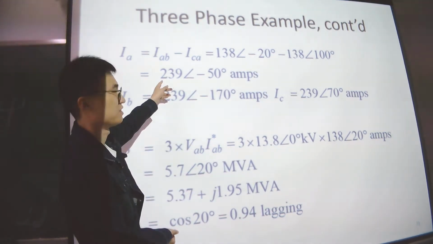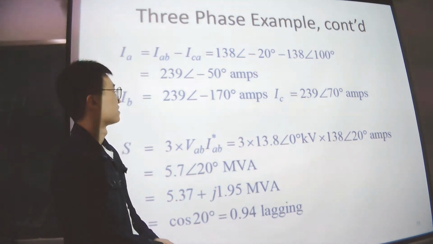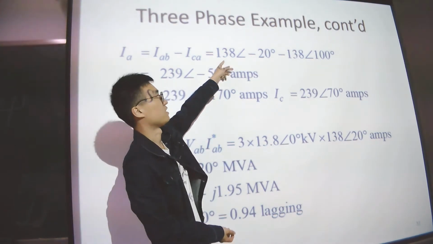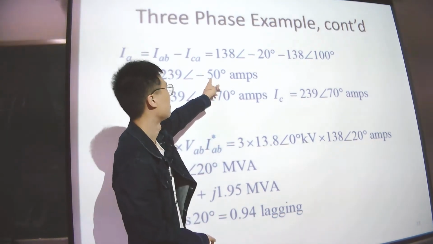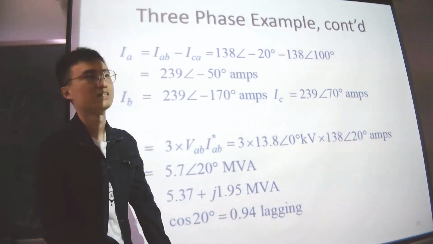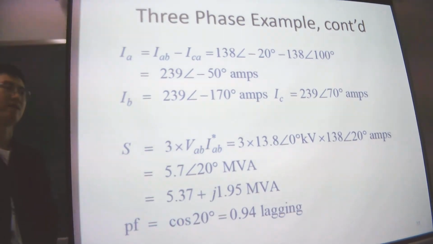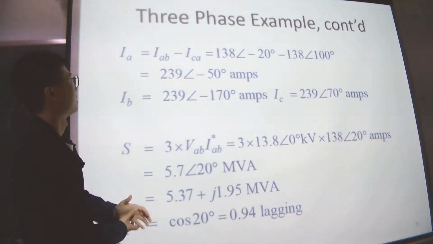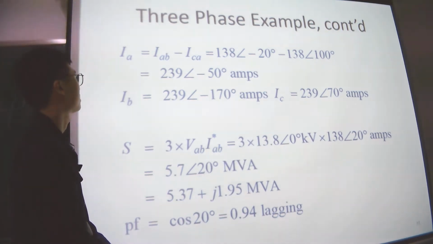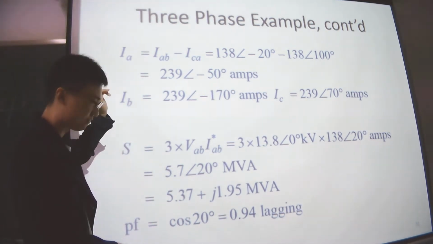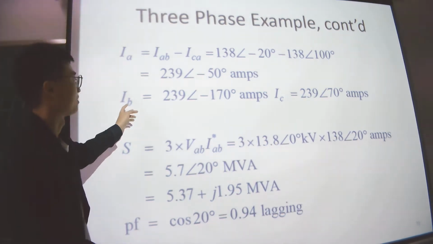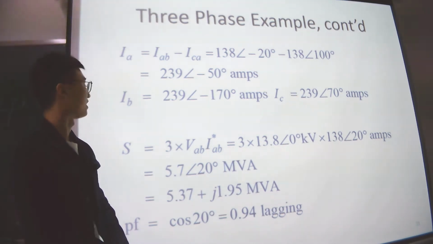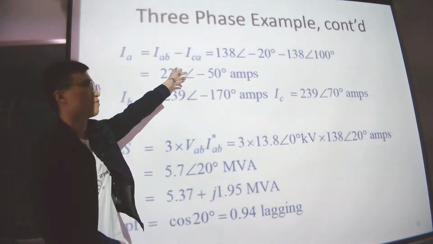Or you can just use the square root of 3, multiply it with this amplitude, and then 30 degrees negative, right? And also you get the current. You get the line current of A, or you get the phase current of A, and you can also get B and C in the same way. Okay? It's okay for you.